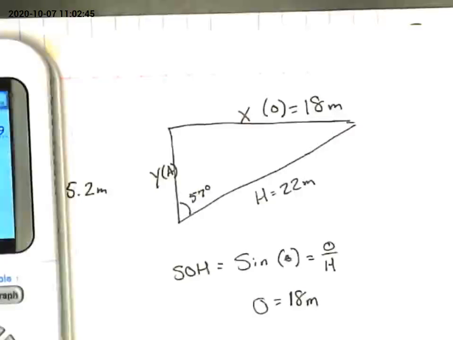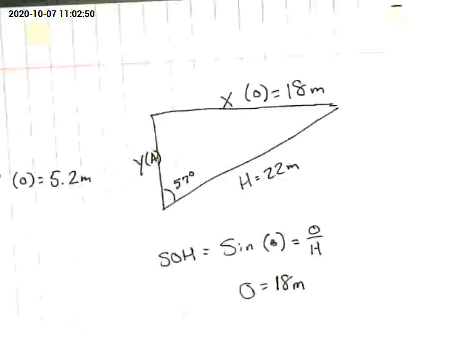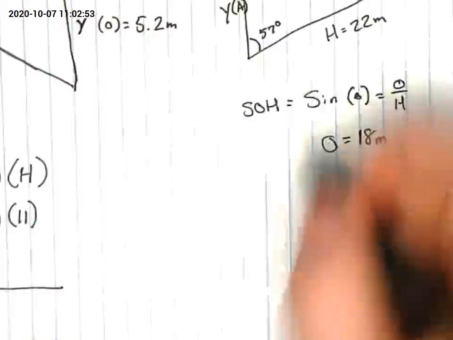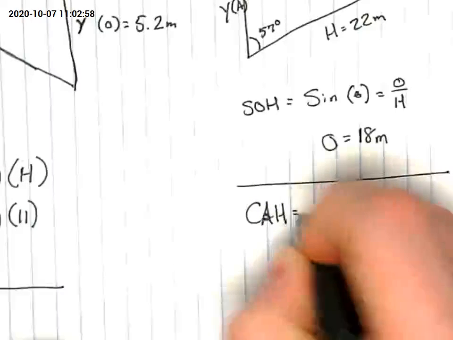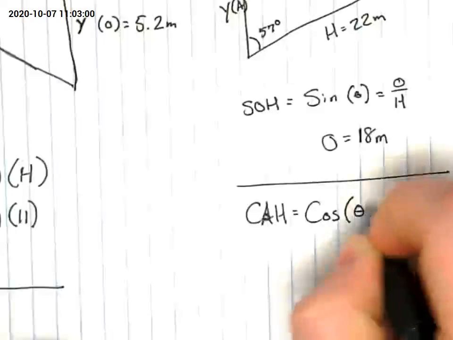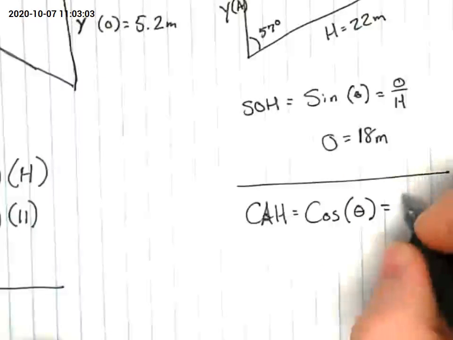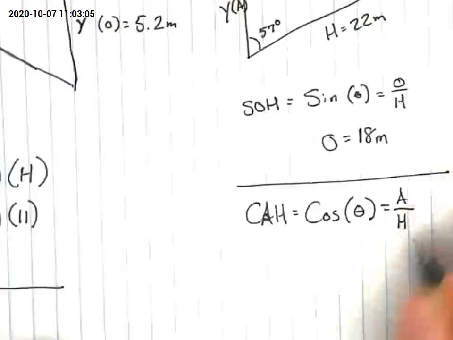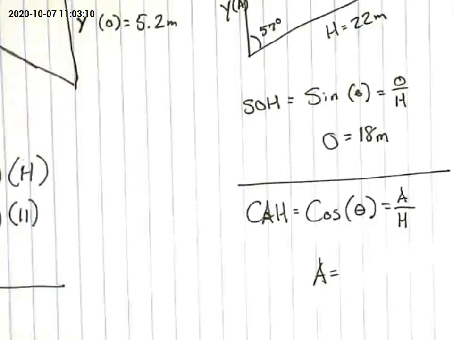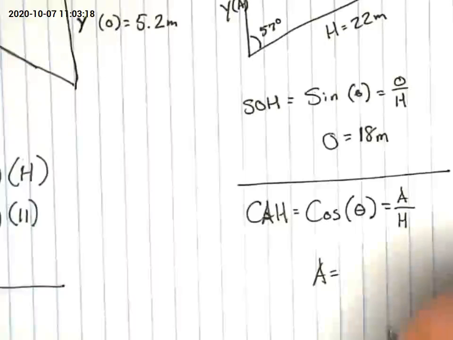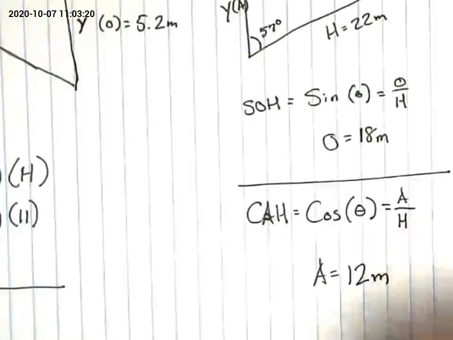Because again, remember, we're also keeping sig figs, just to keep things nice and easy here. Okay, so we get that, and then our y is going to be the cosine, of course. So cosine of theta is equal to adjacent over hypotenuse, and so our adjacent here is going to be 22 times the cosine of 57, and that's going to give me 12 meters.